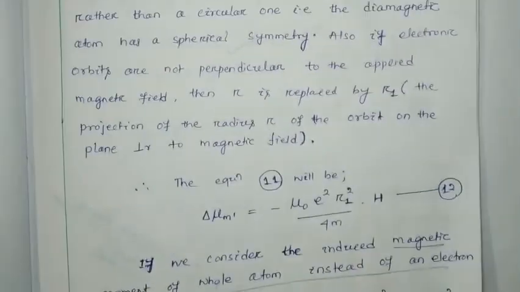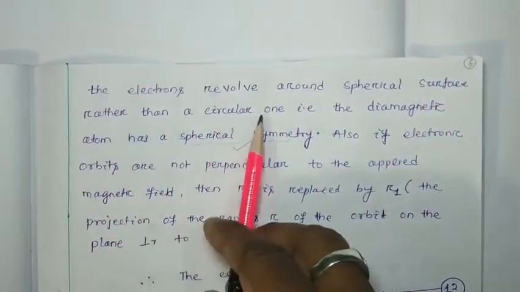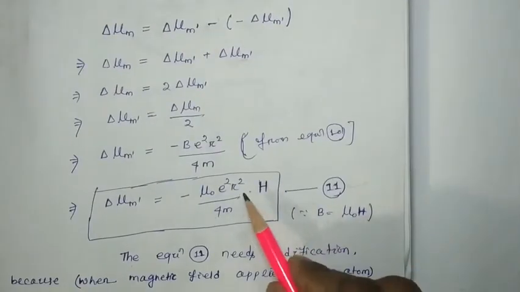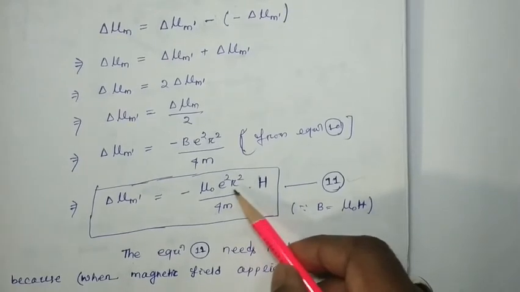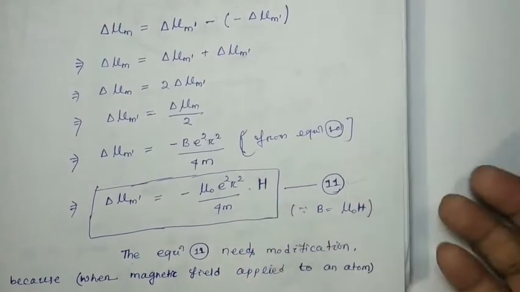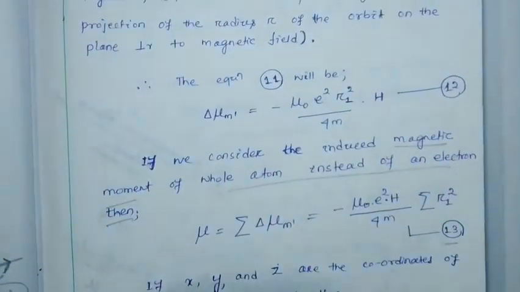So what is happening? The electron revolves around a spherical surface rather than a circular one. Here we considered r as the radius in the two-dimensional case. But actually, in an atom, the nucleus is the center and this is spherically symmetrical, rather than the 2D form.